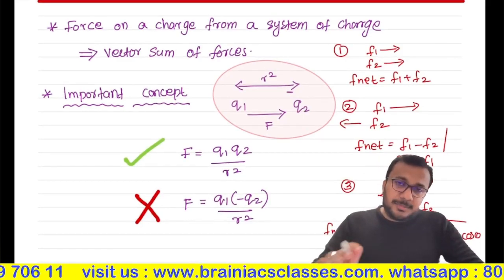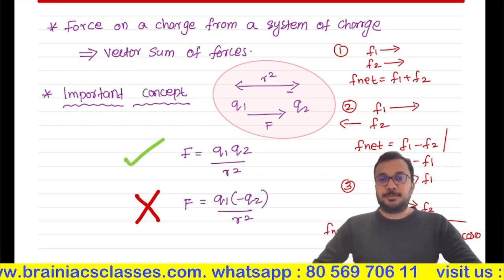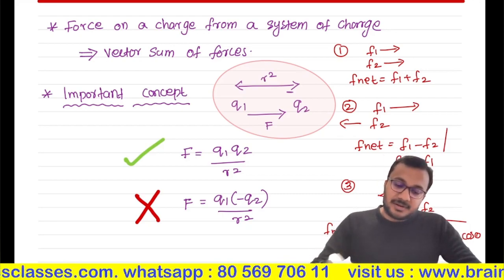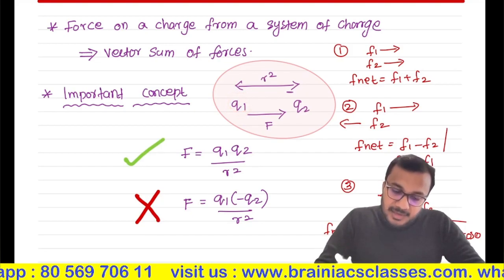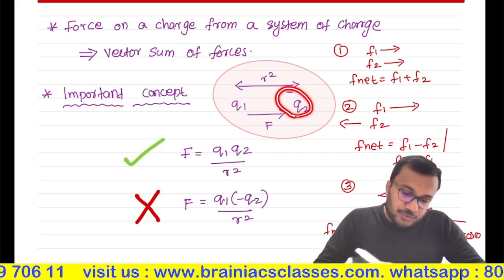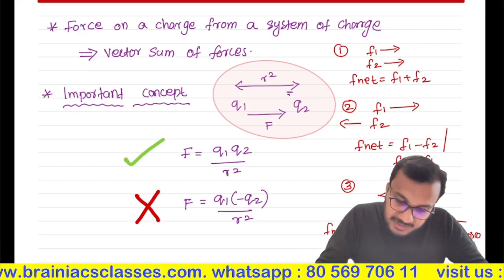Okay, next, another important concept we are going to learn for this problem on the theory point. Listen very carefully. Here we have a Q1 charge and here we have a minus Q2 charge, so this charge sign is nothing but minus.